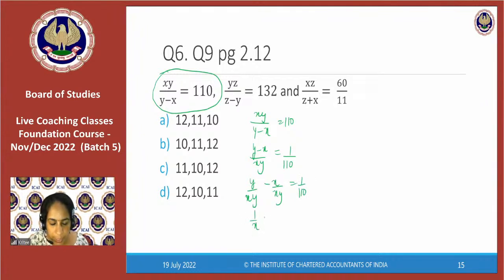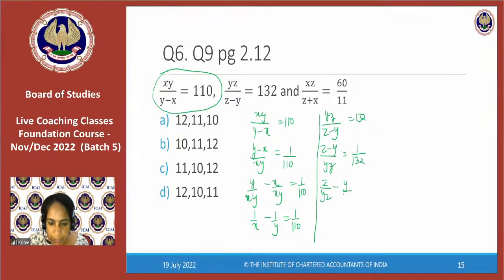So 1 by x minus 1 by y is equal to 1 by 110. This is the first part. On the same note, yz upon z minus y is the same as 132. So z minus y upon yz is equal to 1 upon 132. So z upon yz minus y upon yz is equal to 1 by 132.